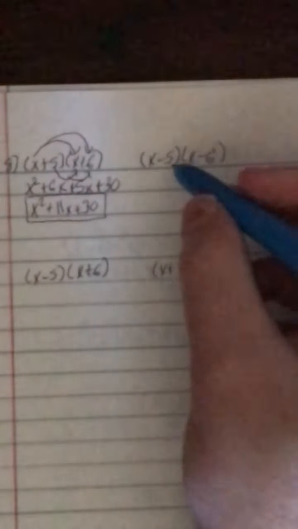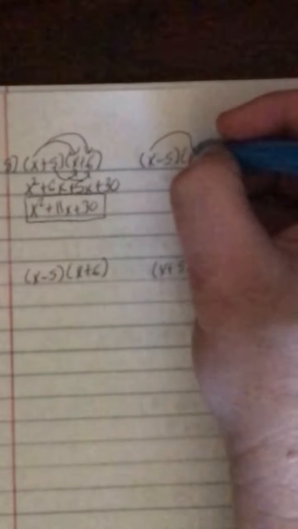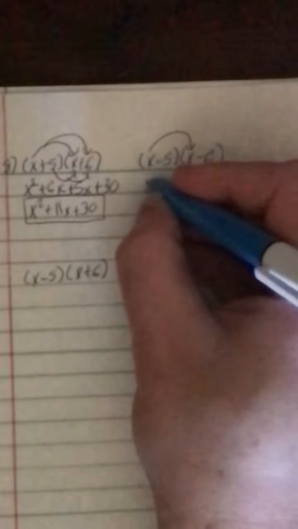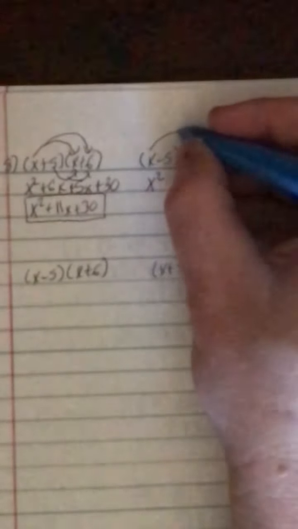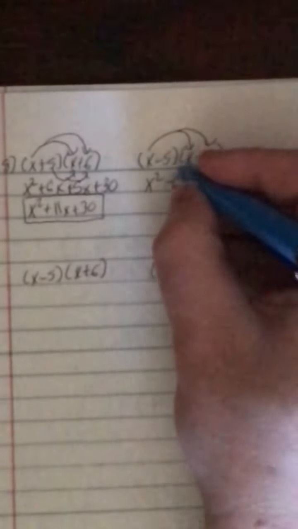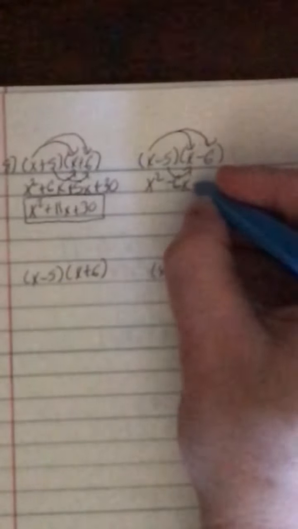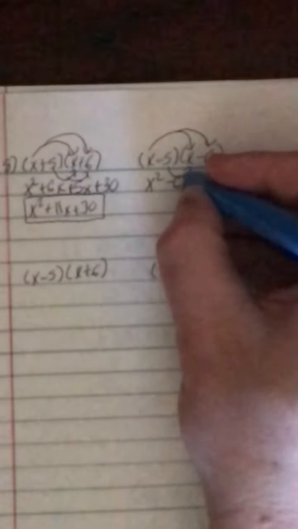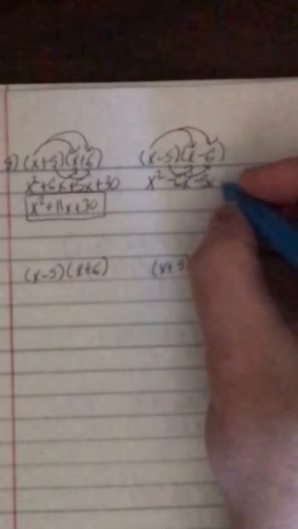Now look at the difference for this one. X times x, that's still x squared, that's not changing. X times negative 6, that's minus 6x. Negative 5 times x, that's negative 5x. Now negative 5 times negative 6. Guys, negative times a negative is always what? Positive.